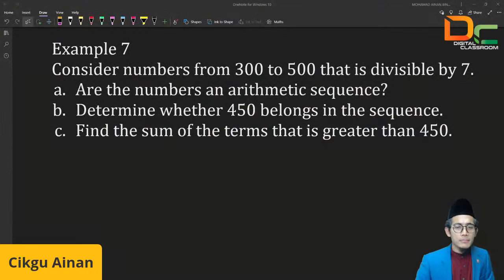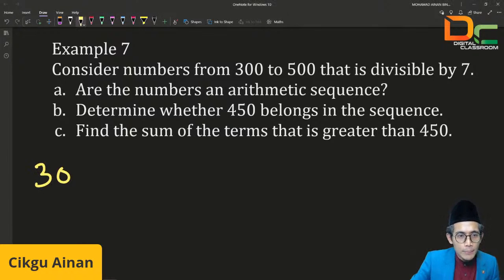Divisible is more or less the same thing as multiple. If a number is divisible by the number, then it's a multiple of the number. So we list all the numbers. But the first one tadi, the numbers start from positive integer, it means starts from 0. This one starts from 300.